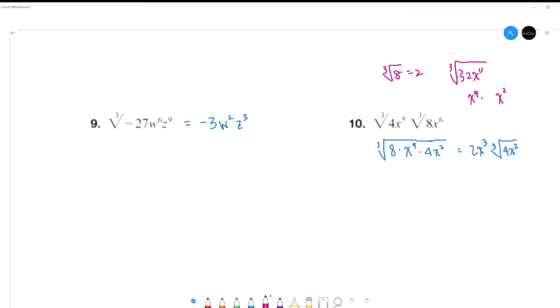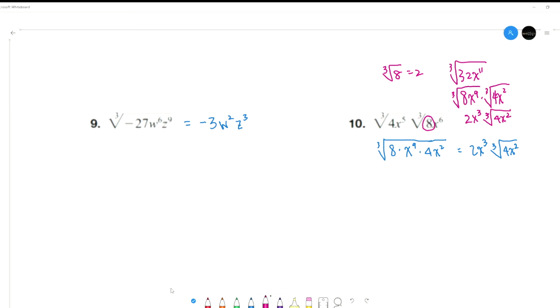So instead of separating the 32 right now, I already noticed that the 8 is a perfect cube. So that's why I put it over here. Cube root of 8x to the 9th times the cube root of 4x squared. So now the cube root of 8x to the 9th is 2x cubed, and the remaining you cannot simplify. Does that make sense? Okay.